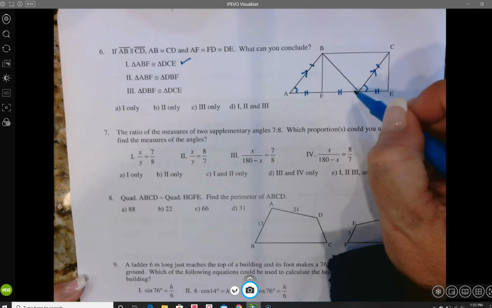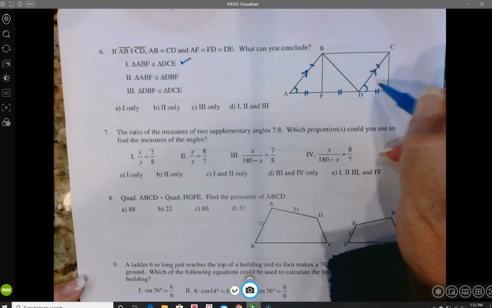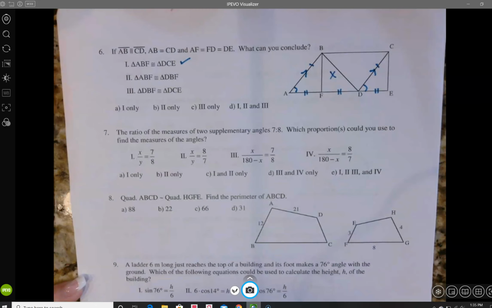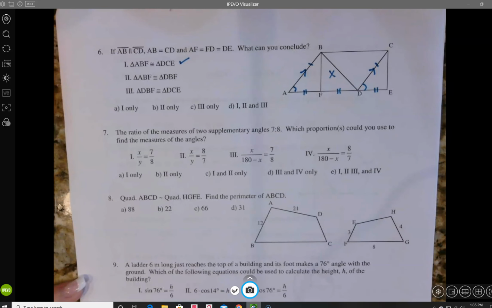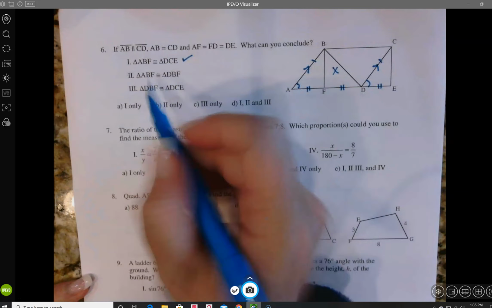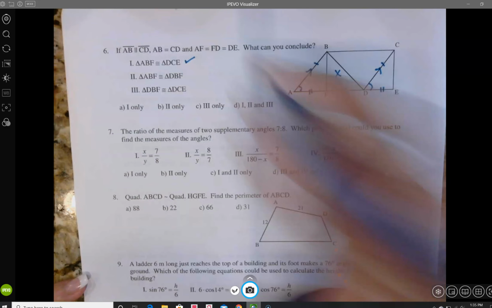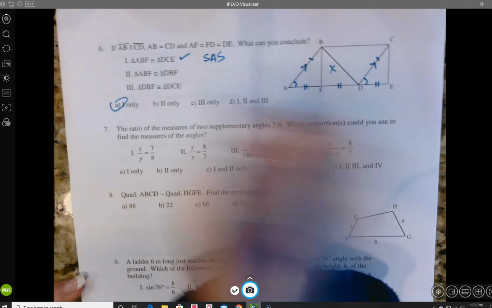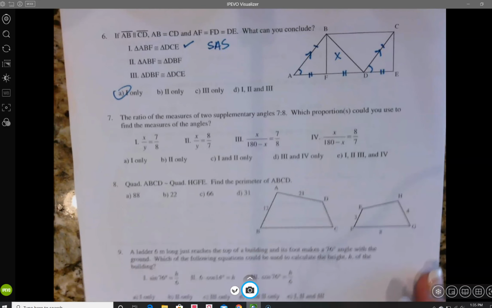And then same with DBF and DCE. It's this DBF triangle that I don't have enough tick marks or sides that are congruent to be able to say anything. So the only one that is congruent by SAS congruence is number 1, and that's choice A.